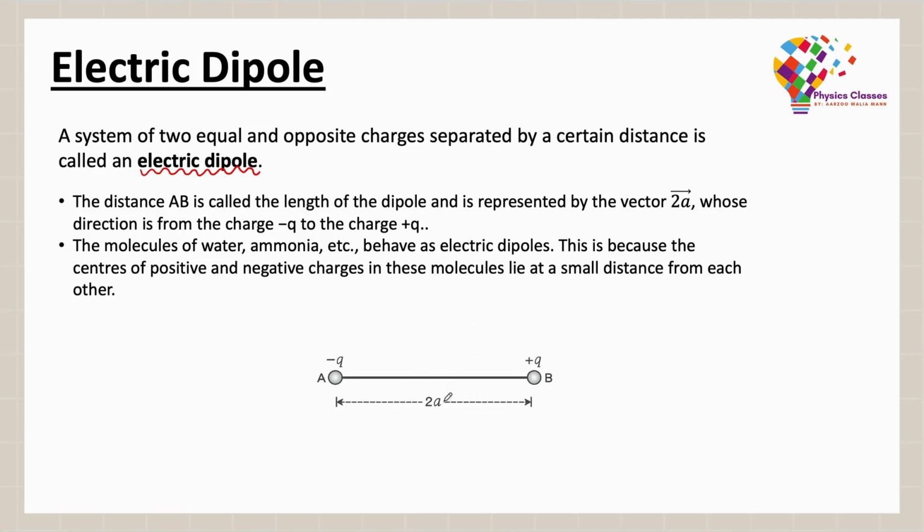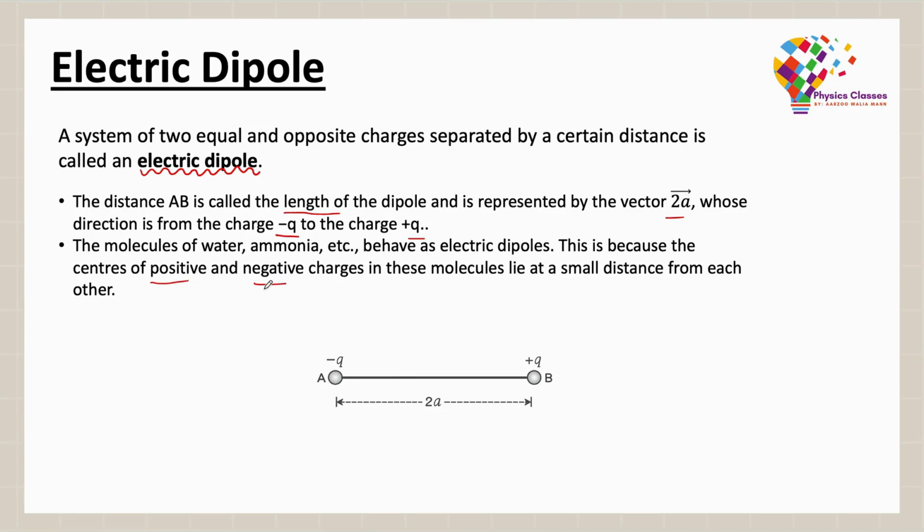Now, this distance 2a is generally called the length of the dipole, and it is represented by the vector 2a. The direction of this electric dipole is always from the negative charge towards the positive charge. In practical life also, we come across a lot of electric dipoles. For example, the molecules of water and ammonia are all electric dipoles.